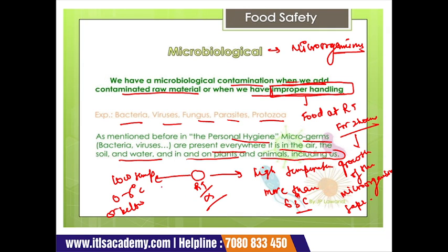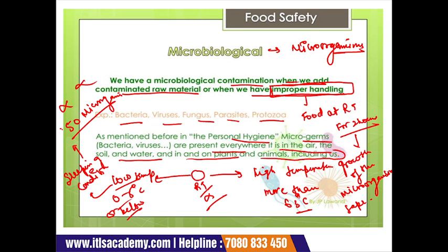When we put the food at low temperature, that is 0 to 5 degrees Celsius, these microorganisms go into a sleeping condition. They are not killed, but they go into a sleeping condition, which means that if 50 microorganisms are present in a particular food, their number will not decrease or increase.